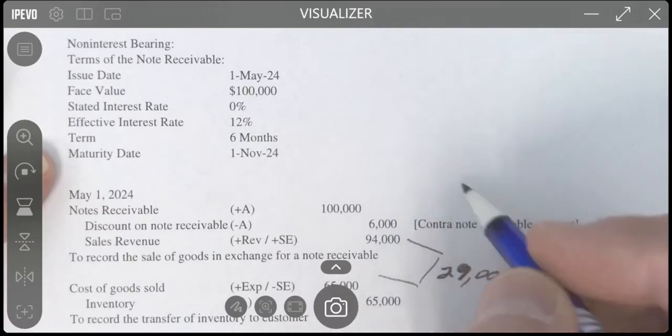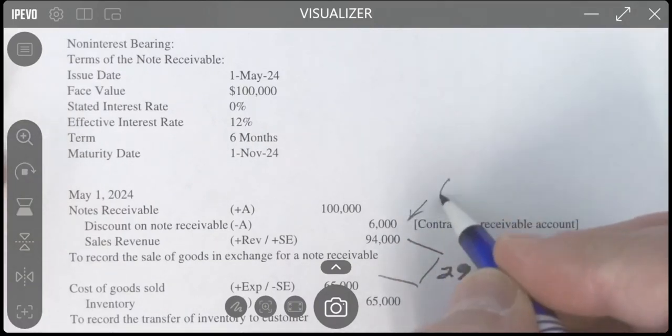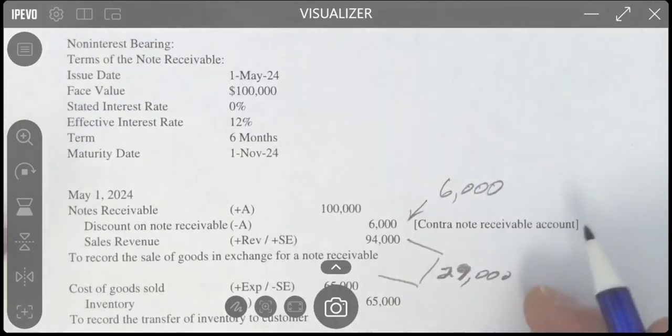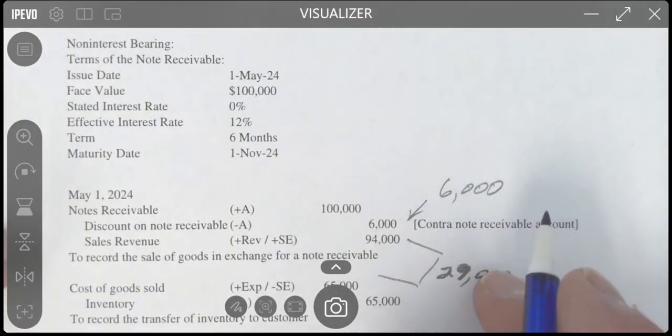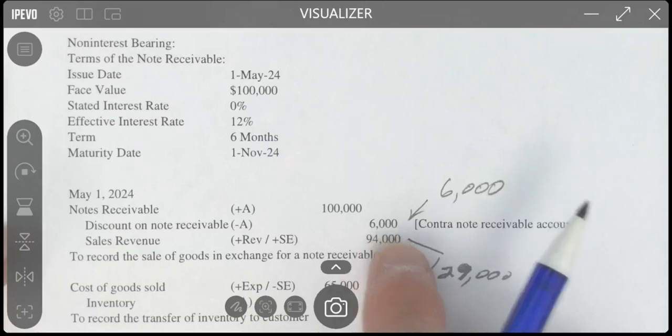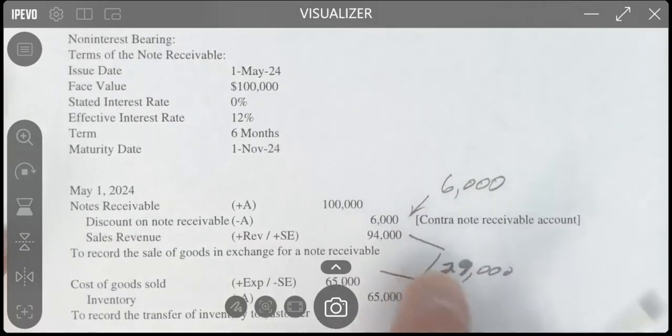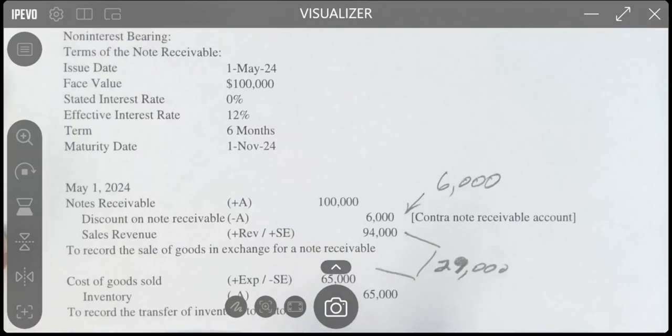And then once again, we did earn the $6,000. So rather than having a total of $41,000 of profit, the 35 plus the 6,000, we have that reduced amount. So the non-interest bearing note just meant we sold our goods a little bit less expensively.